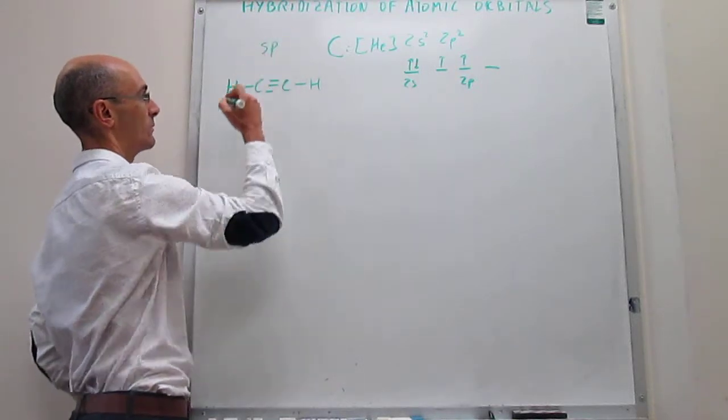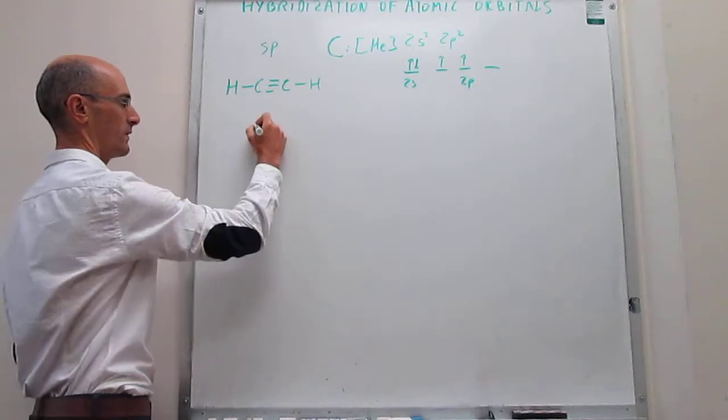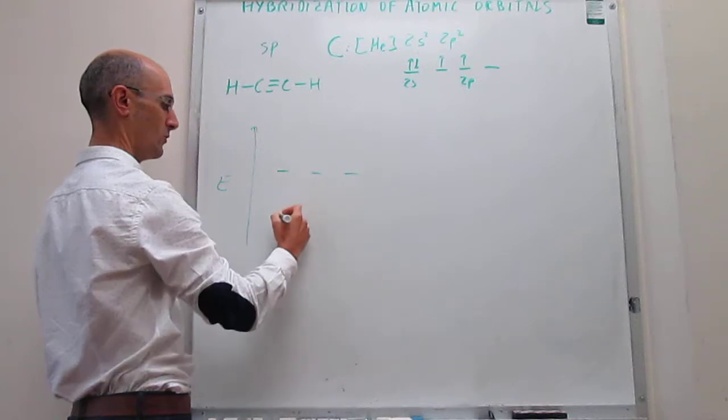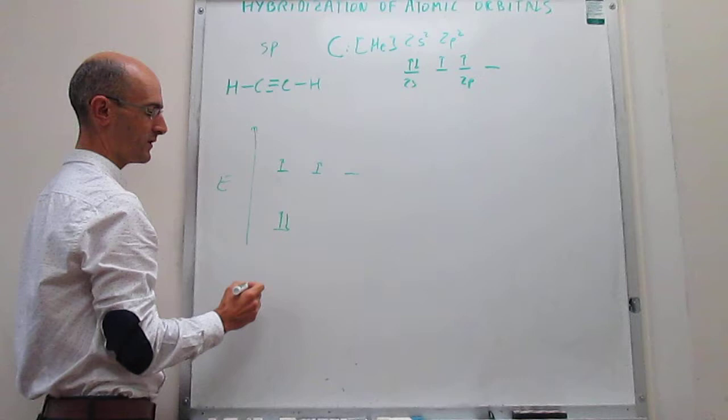And so what we do is we invoke something that is called sp hybridization. As with any other hybridization, you can always go to a natural orbital diagram in energy and then go through the steps of promotion and hybridization.